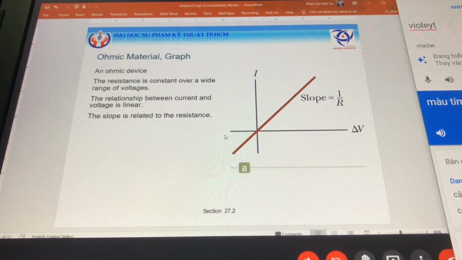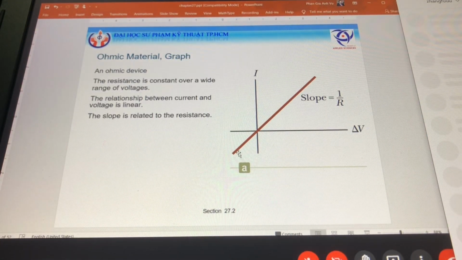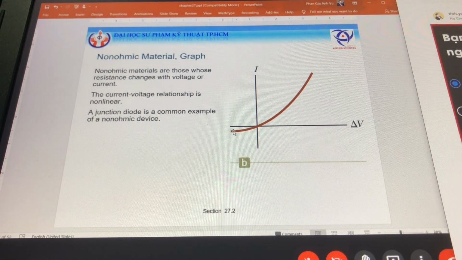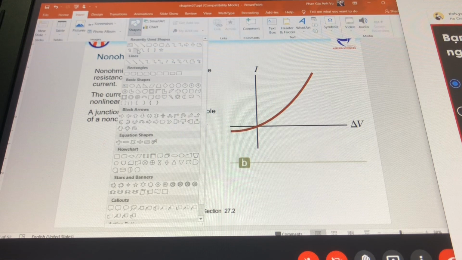Okay, and here is a graph when we apply the voltage delta V to the resistor. When it is the ohmic one, you have a linear relation between I and delta V. When it is not ohmic, then we have the non-ohmic curve. The curve can be this way, or the curve can have another shape, like this one.